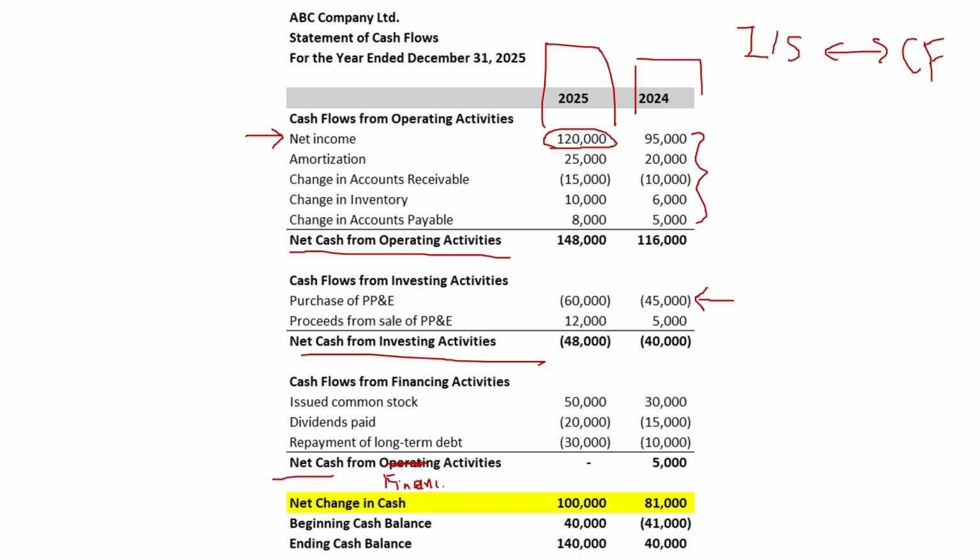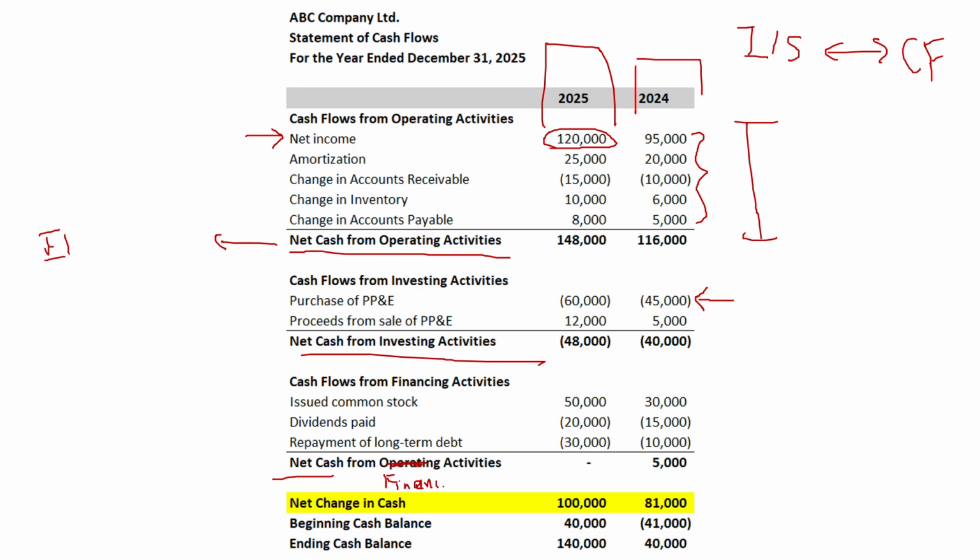You remember how we get EBITDA starting from earnings, and earnings is net income, right? So this process right here is very interesting. This process of calculating the net cash from operating activities is very similar to EBITDA.